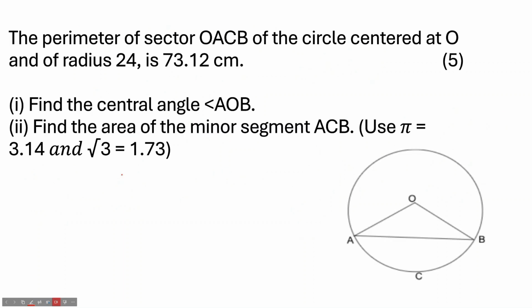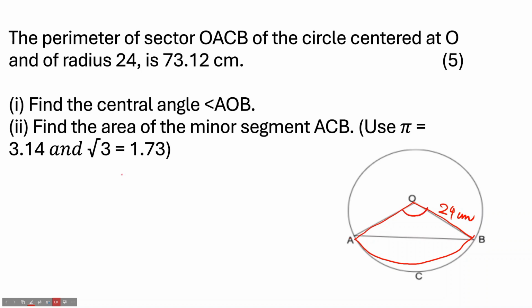The perimeter of a sector OACB of the circle centered at O and radius 24 centimeter is 73.12. Find the central angle AOB.